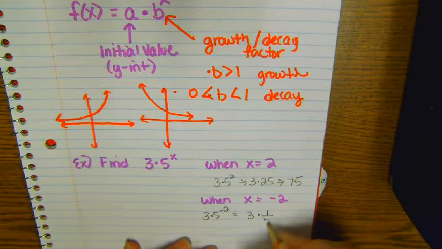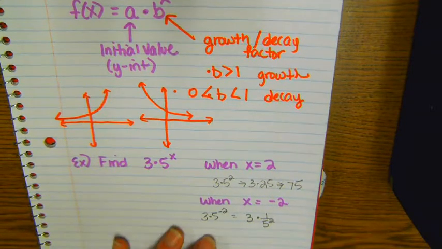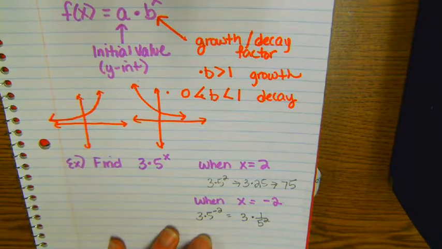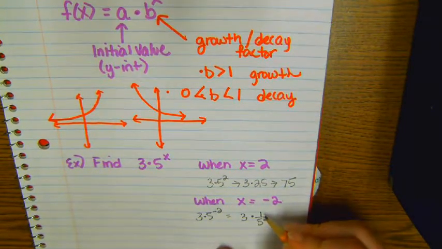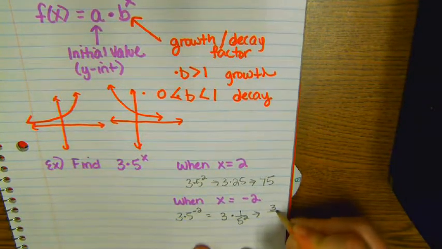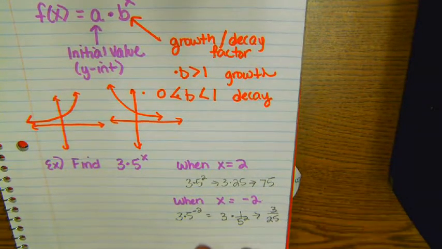A negative exponent means we take the reciprocal. And so really this would be 3 times 1 over 25, and I just leave it as a fraction, 3 over 25. Does that make sense?